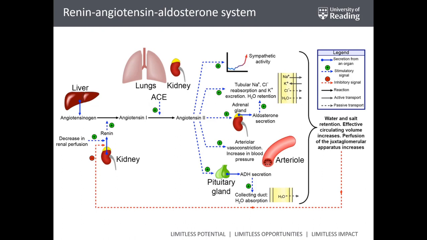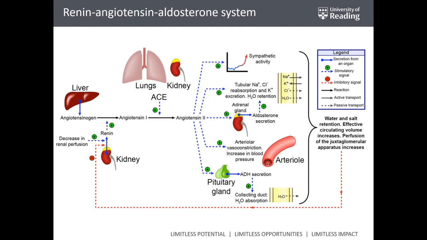As we said, the secretion of renin is caused by a decrease in renal perfusion, which corresponds to a decrease in the arterial pressure in the afferent arteriole, or by a decrease of concentration of sodium in the collecting duct.